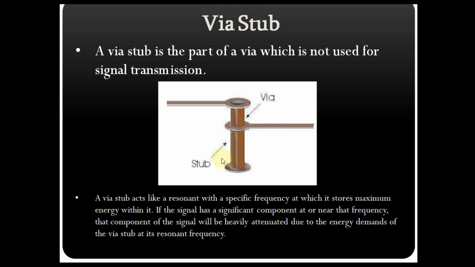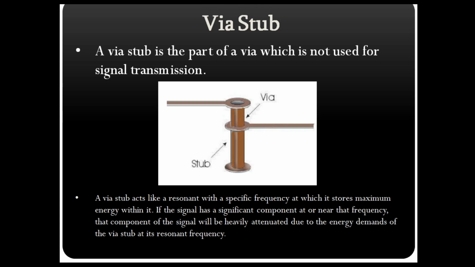A via stub acts like a resonator with a specific frequency at which it stores maximum energy within it. If the signal has a significant component at or near that frequency, that component of the signal will be heavily attenuated due to the energy demands of the via stub at its resonant frequency.